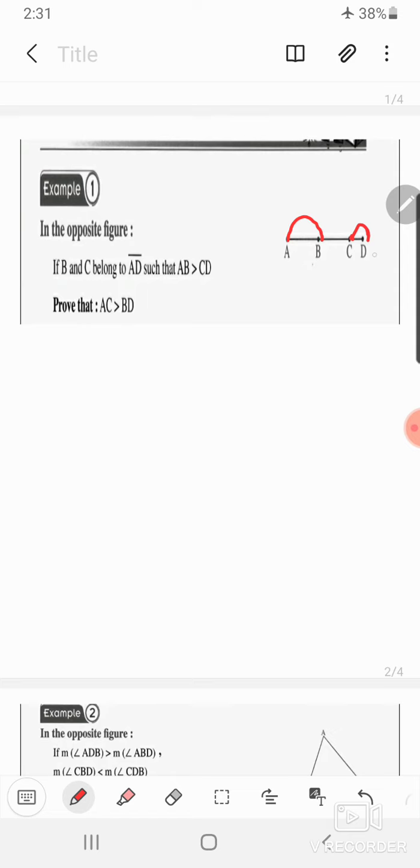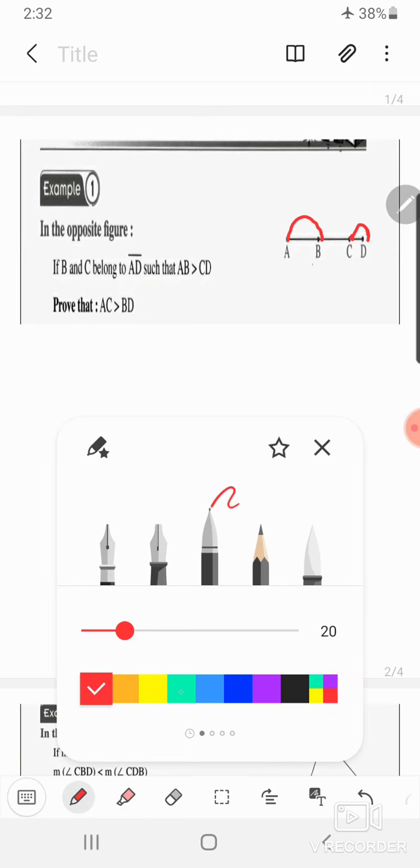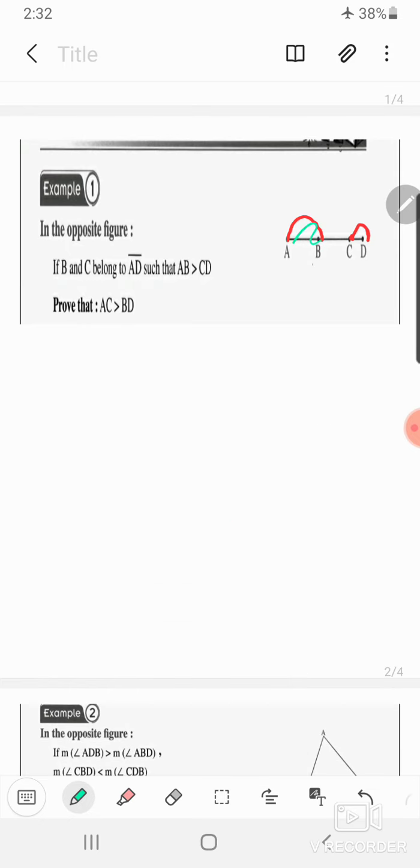So AB is greater than CD, like AB 4 centimeter and CD 2 centimeter. Prove that AC is greater than BD.